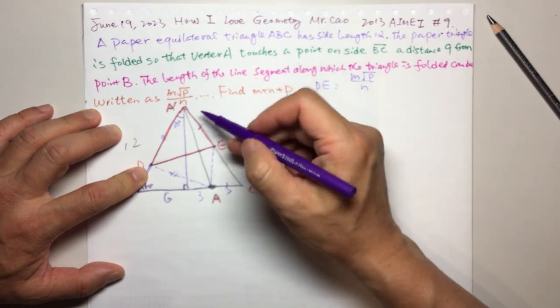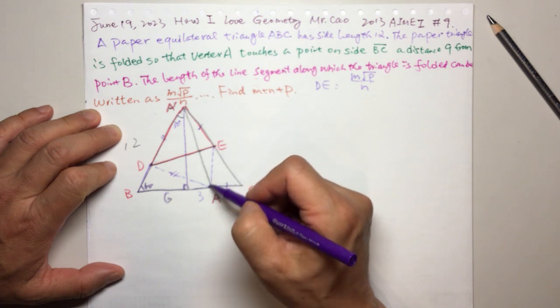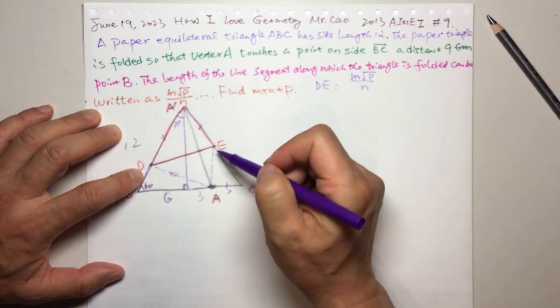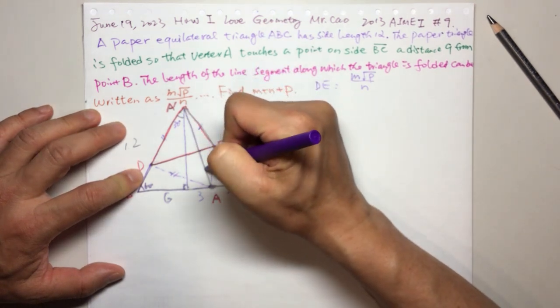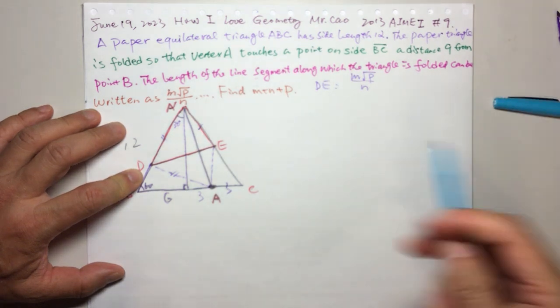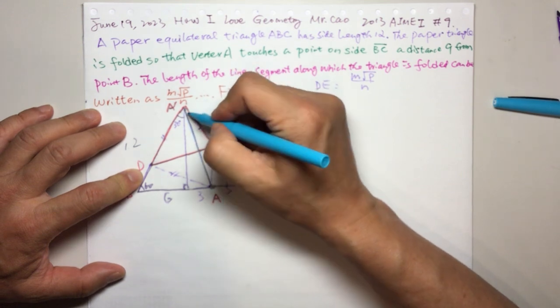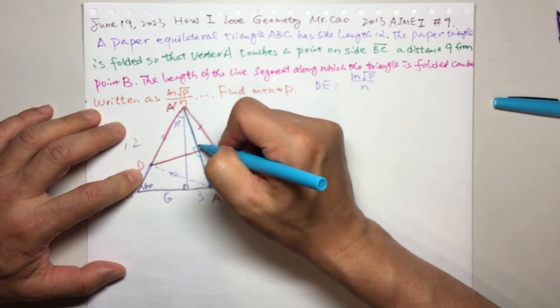And A prime E is congruent to AE, right? So A prime DAE is a kite. And so the diagonals are perpendicular to each other, and DE is the perpendicular bisector.